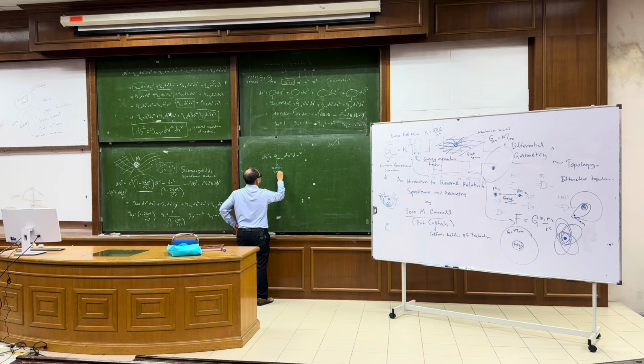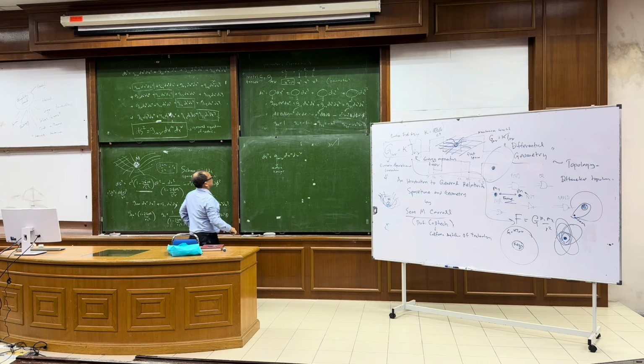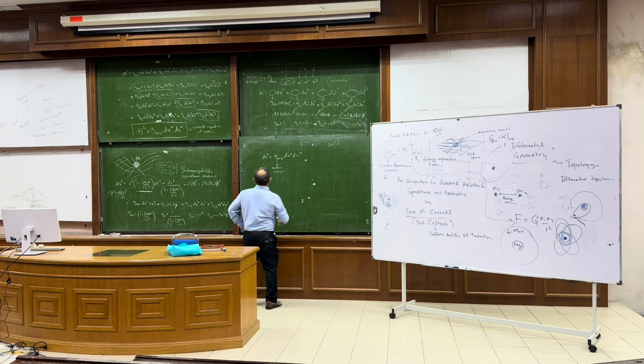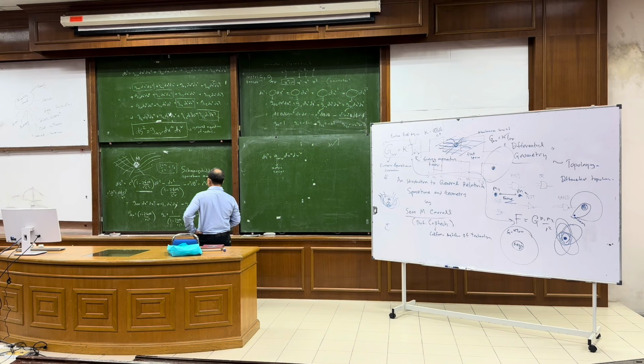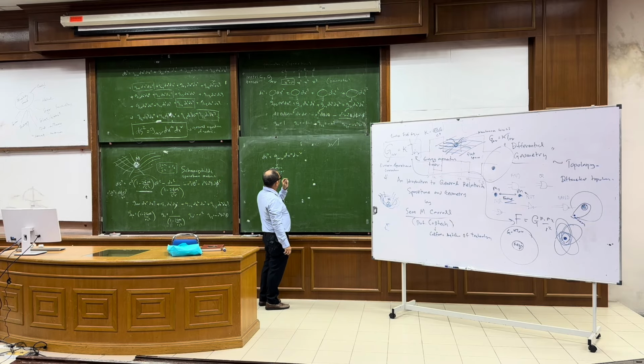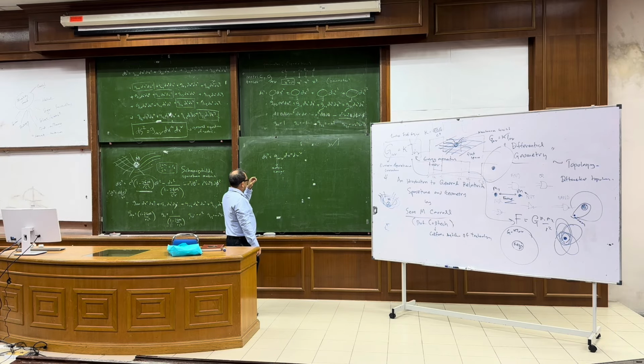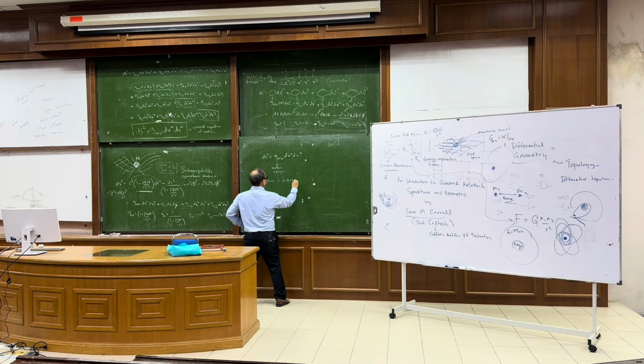So what is this metric tensor in partial derivative form?